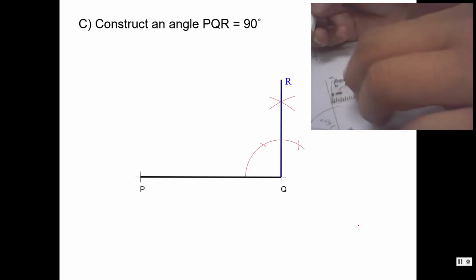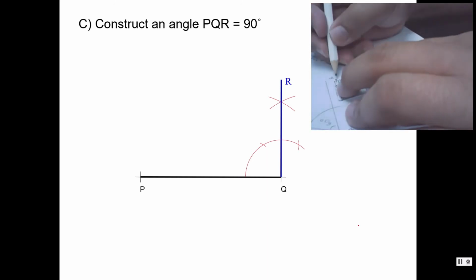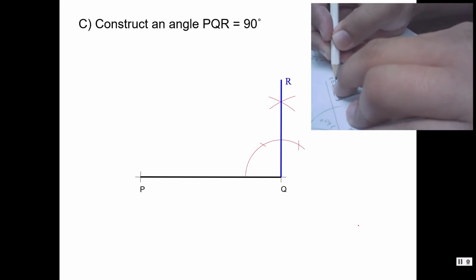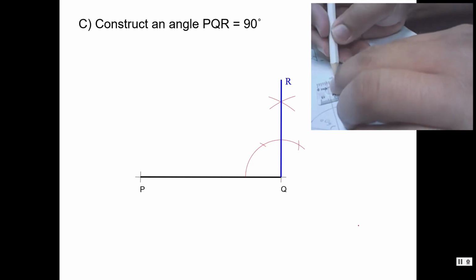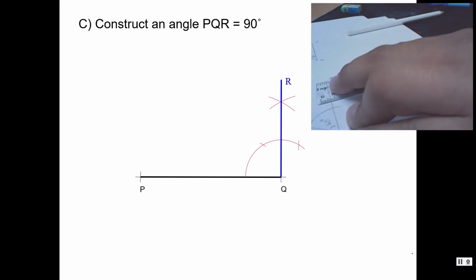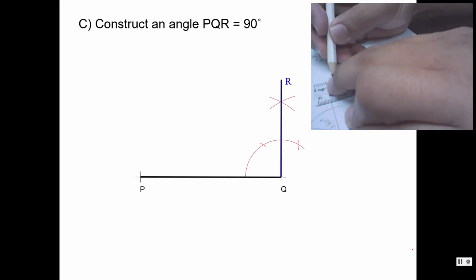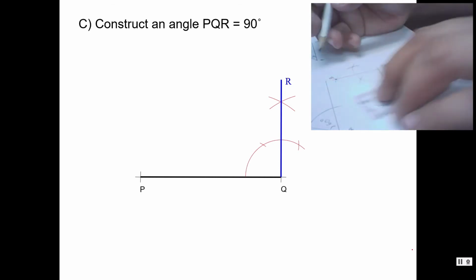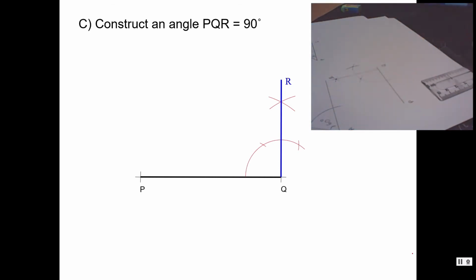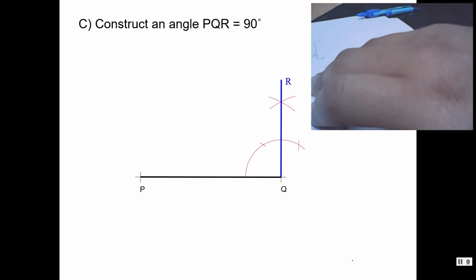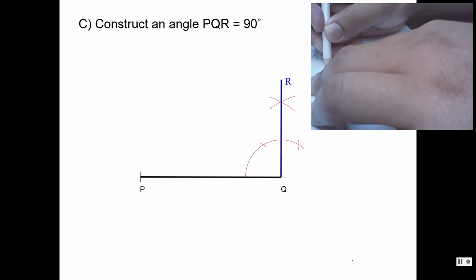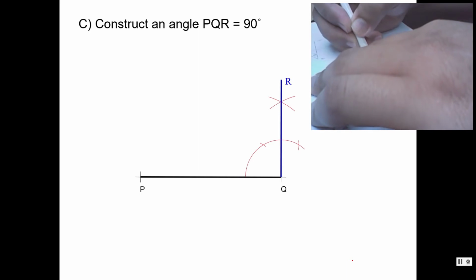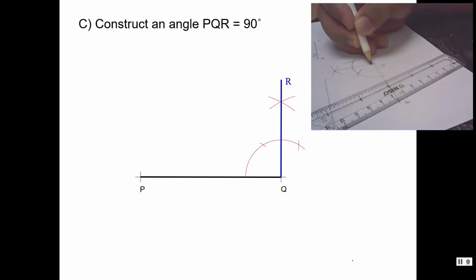And then from this point, use the ruler to draw the line. So that is going to be 90 degree.